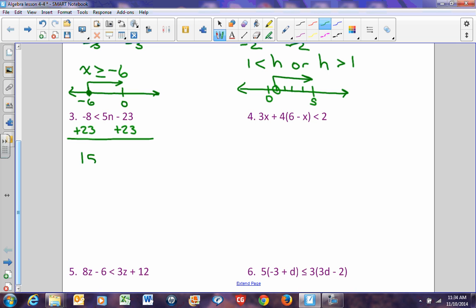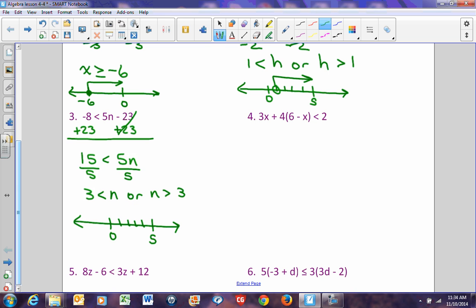So I have 15 is less than 5n because these two 23's cancel out. Divide by 5. 15 divided by 5 is 3. 3 is less than n, or n is greater than 3. Open circle at 3 with a line going to the right.